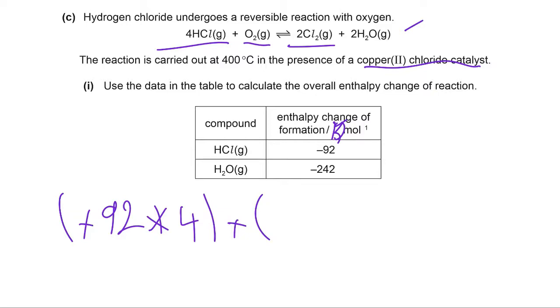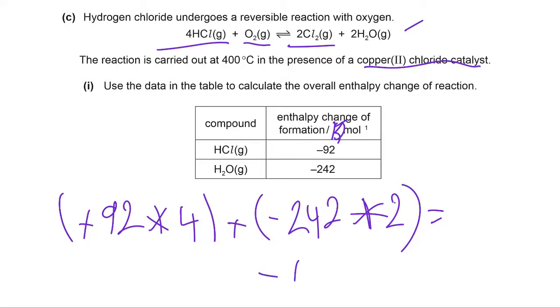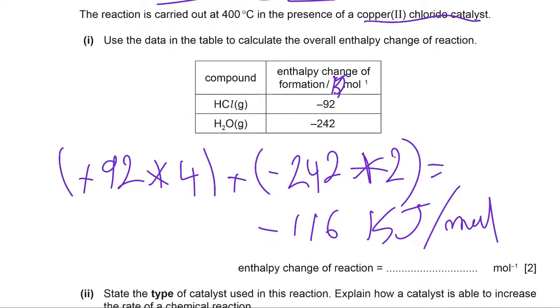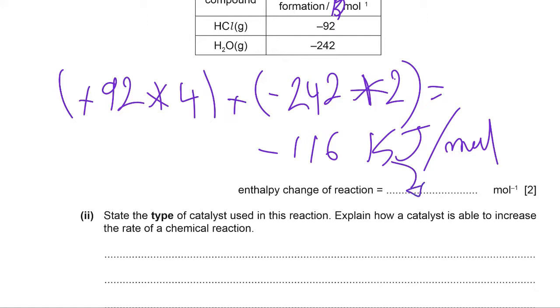So you will take the delta Hf of H2O without changing anything, so it's negative 242 times the number of moles, which is 2. This gives us the value minus 116 kilojoule per mole. So this reaction is very clear, it's an exothermic reaction. This value will be written here, again in kilojoule per mole.